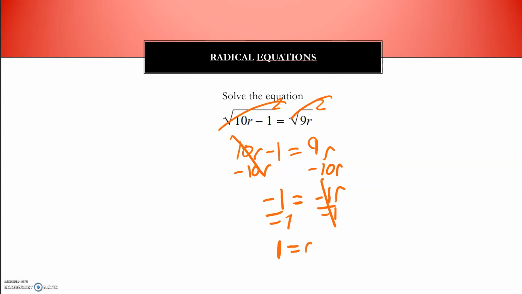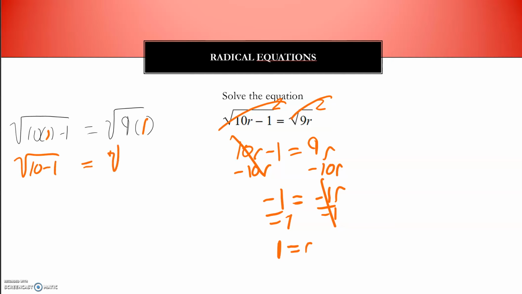Now this one you really should check. When you get radicals on both sides, you can sometimes find what's called extraneous solutions, which are, and you've seen this before, answers that you did all your math correctly, but they just don't quite come out to be right in terms of the original equation.